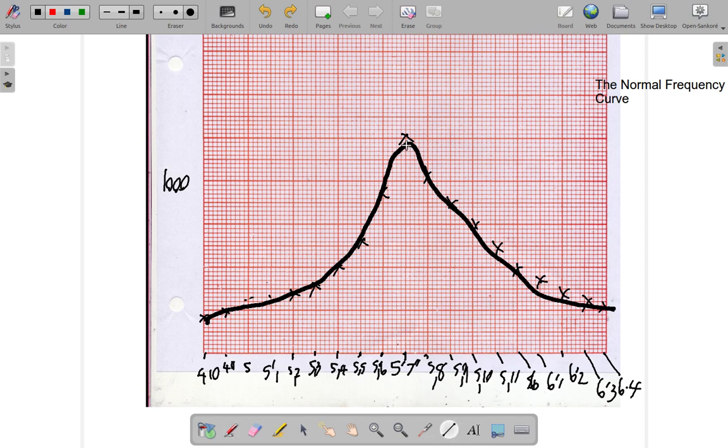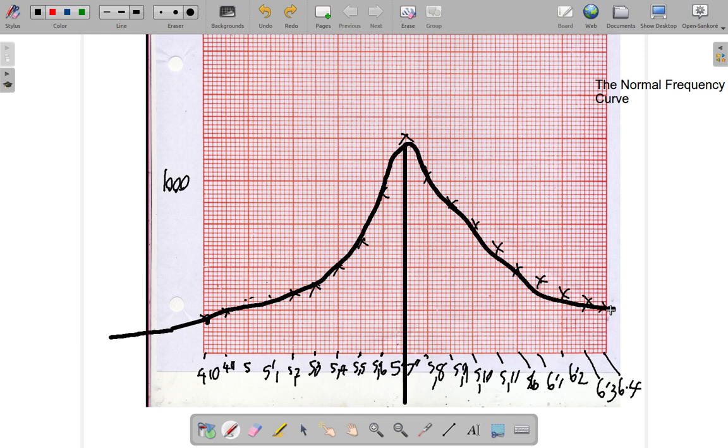And the average height is 5'7", so the average is at the center. You have one extreme and another extreme. If you had gone, say, 4 feet 9, 4 feet 5, 4 feet, 3 feet odd, it would have gone way down very fast.